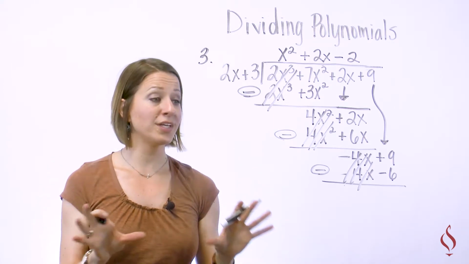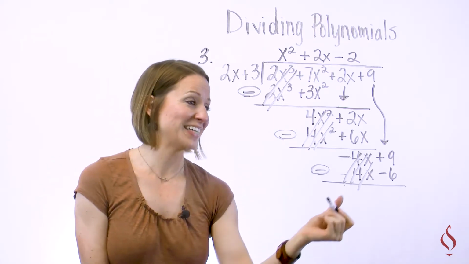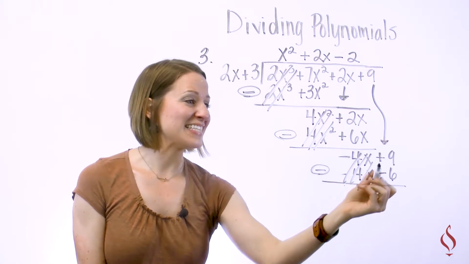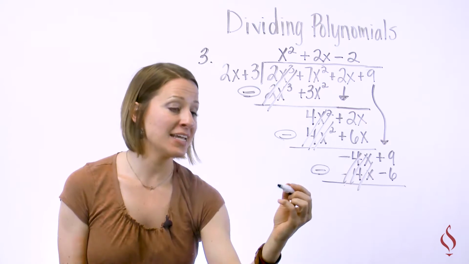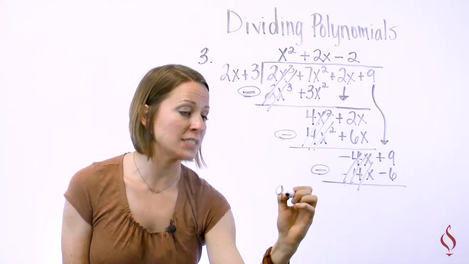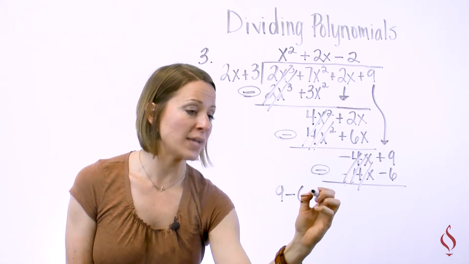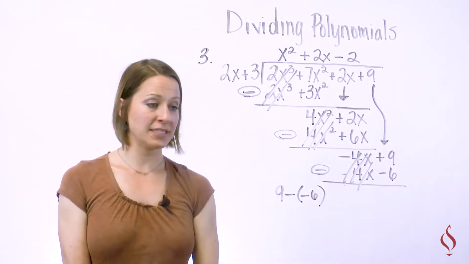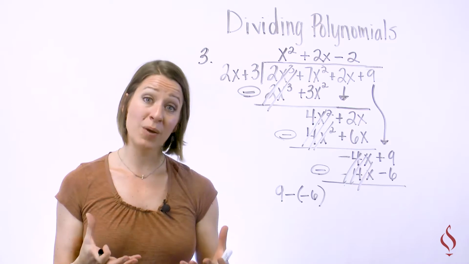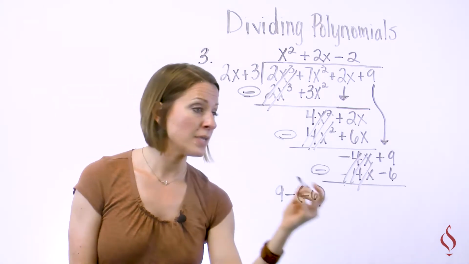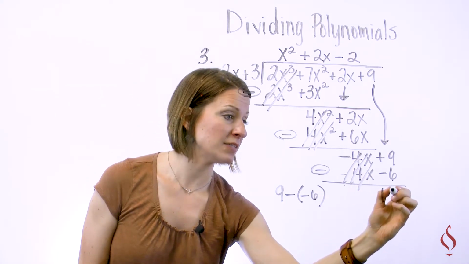So if you wrote 3, that is not the correct answer. I'm sorry. This is 9 take away negative 6. And take a moment, if you need to write it out horizontally, 9 take away negative 6, to see that those two negatives are actually a positive. Okay, this is positive 15.